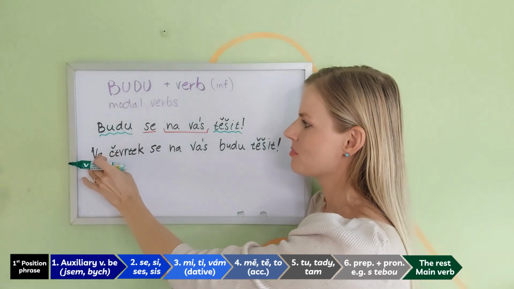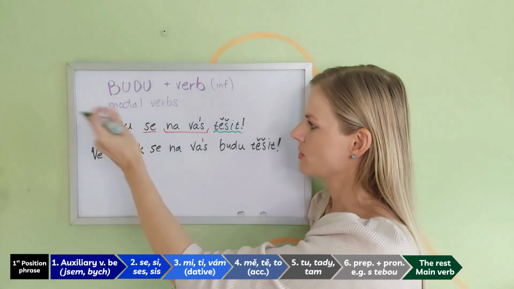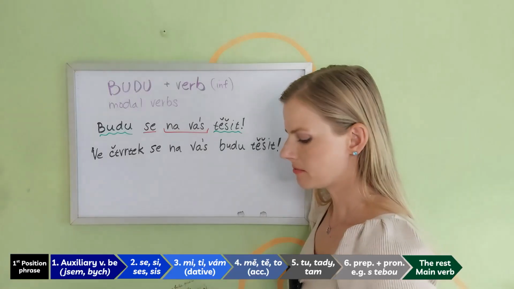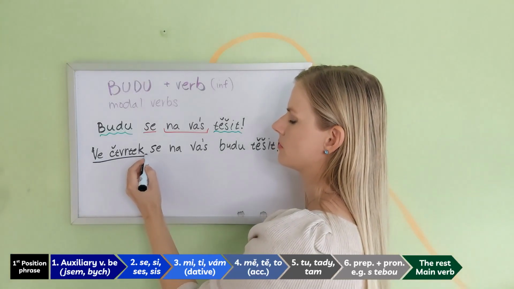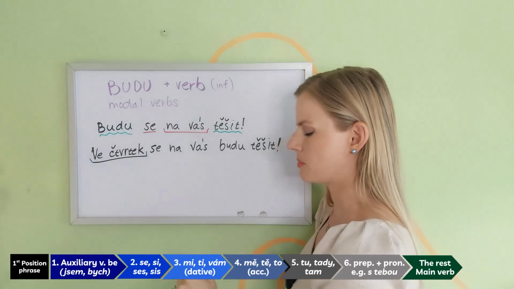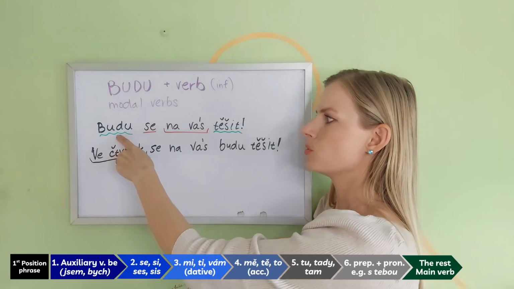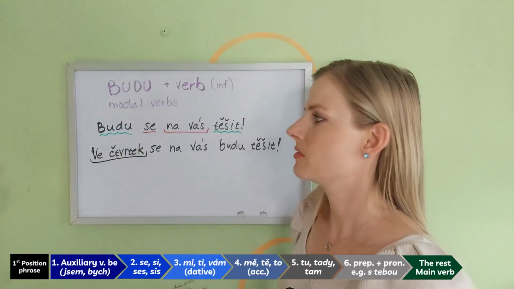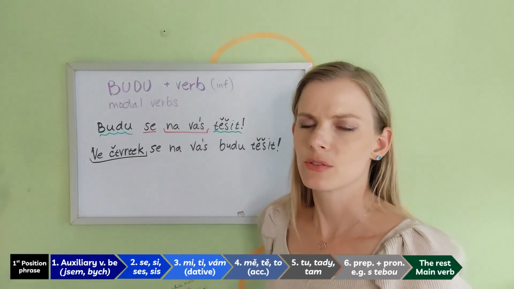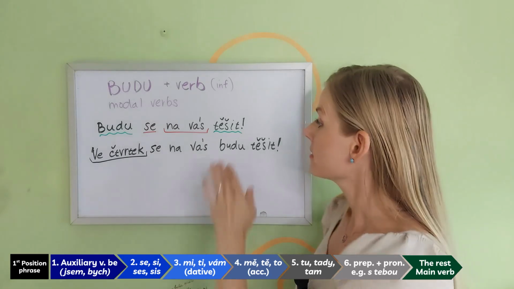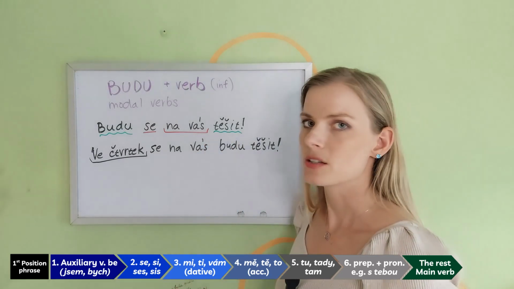Now, what happens if we put something in the first position? Ve čtvrtek, on Thursday. On Thursday, I'll be looking forward to seeing you. Ve čtvrtek is at the beginning. Now we cannot put budu. Budu is part of the verb, and now it decides it wants to go back to the end, to be reunited with its second part.